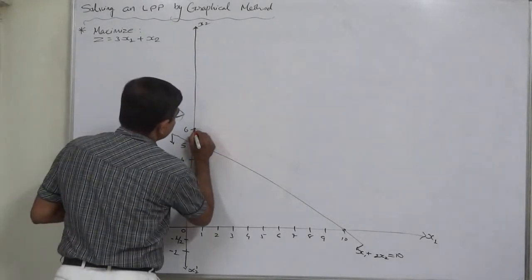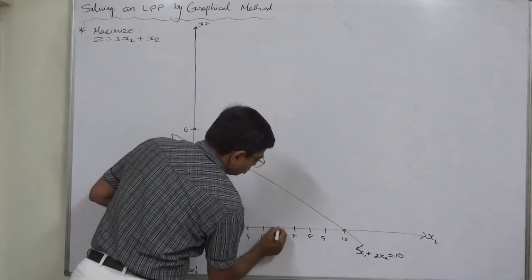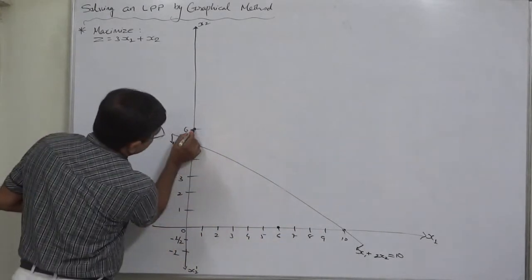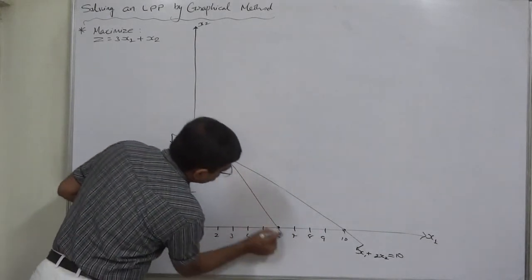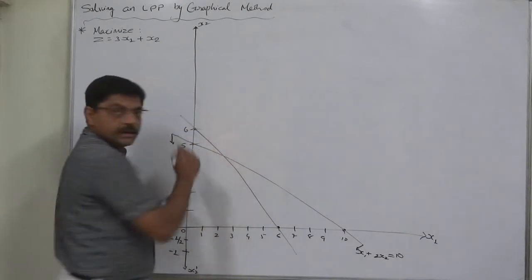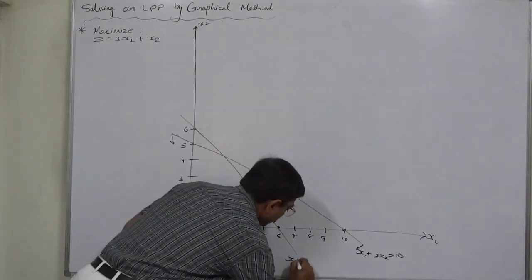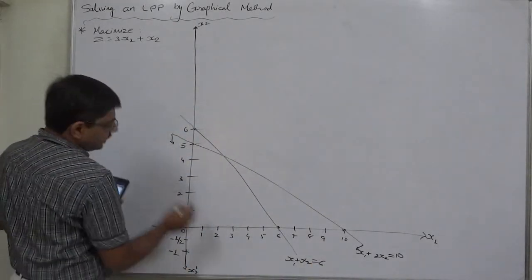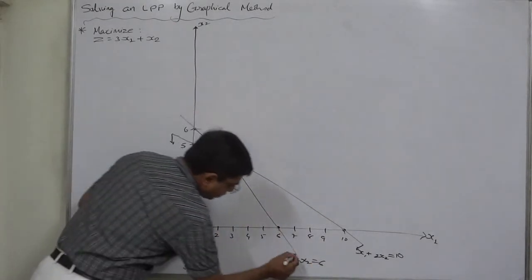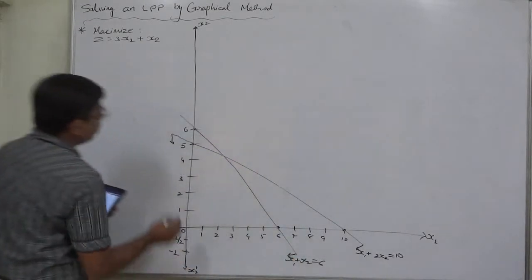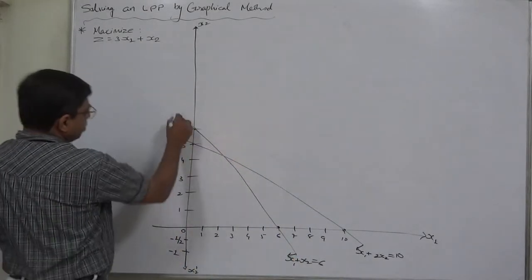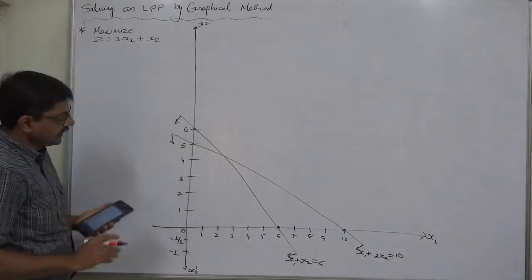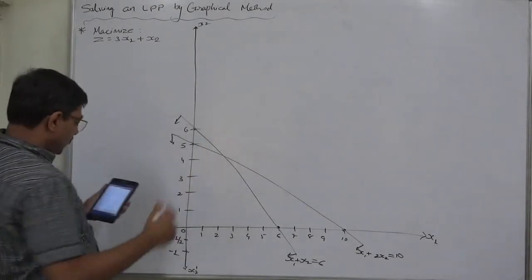Both take value 6. x1 less than 6, inner side. x2 less than 6, below the line. Yes, shading will be below the line.